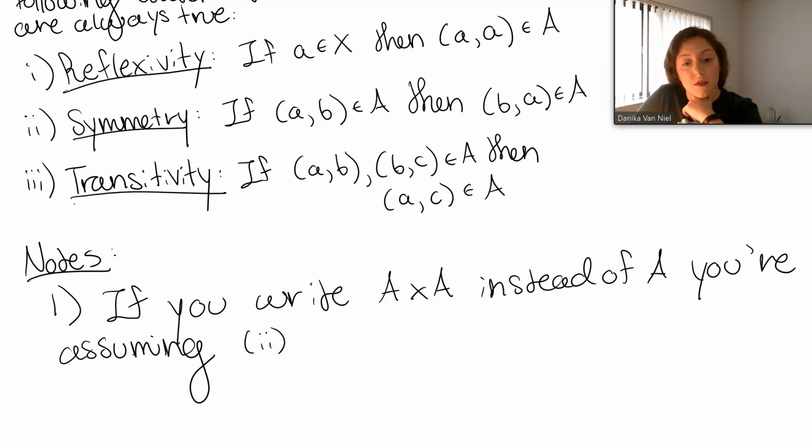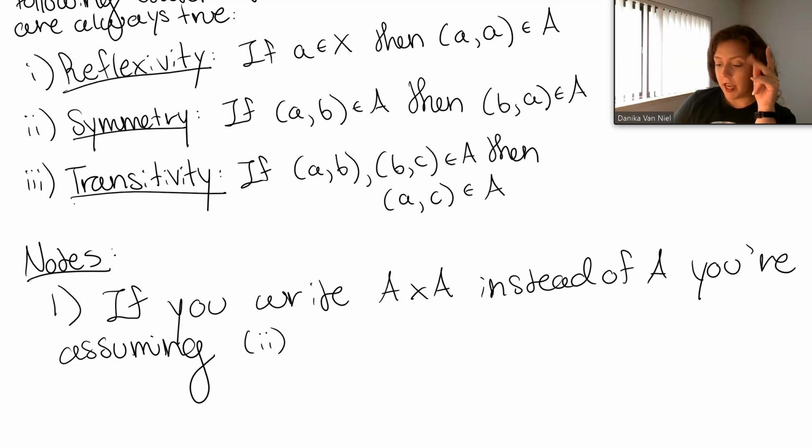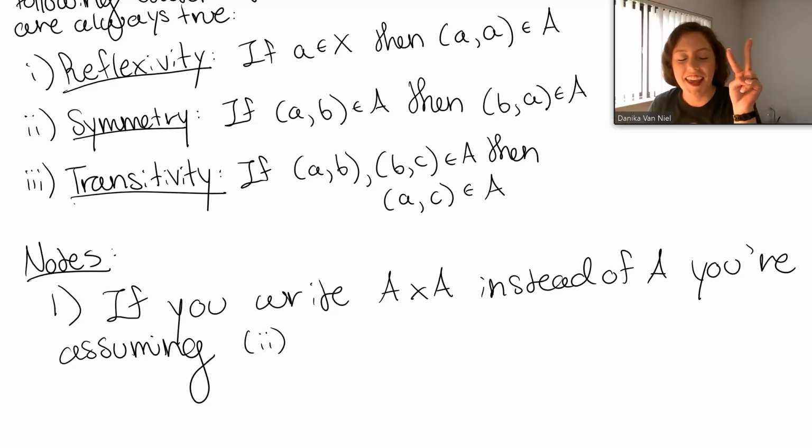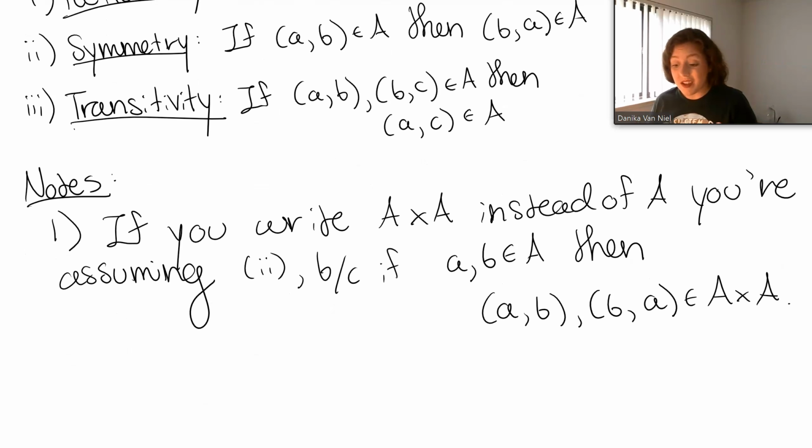Because if the elements A and B are in capital A, sorry, I should have come up with different letters, then we do have the elements A comma B and B comma A, because A and B are in capital A. So part 2 would always be true even if it wasn't an equivalence relation. That's why it's A instead of A cross A.